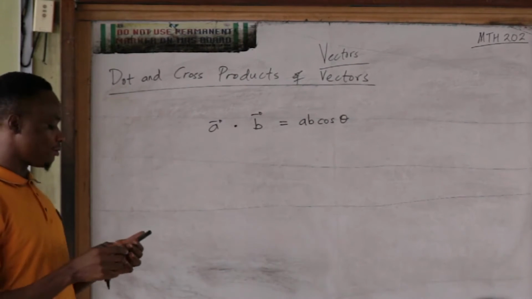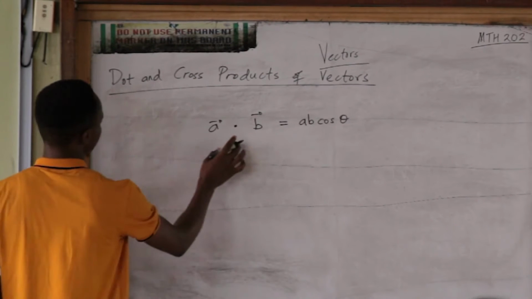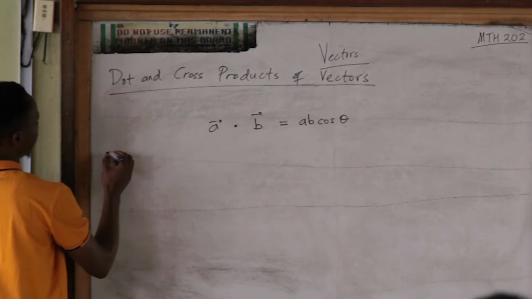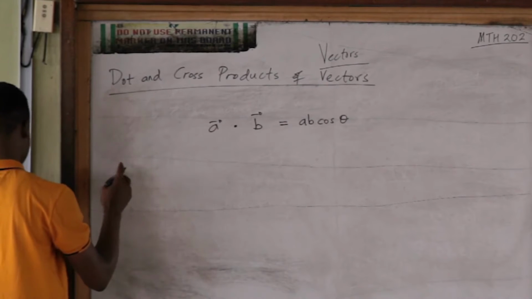So the following are some laws, the algebra of the dot product.